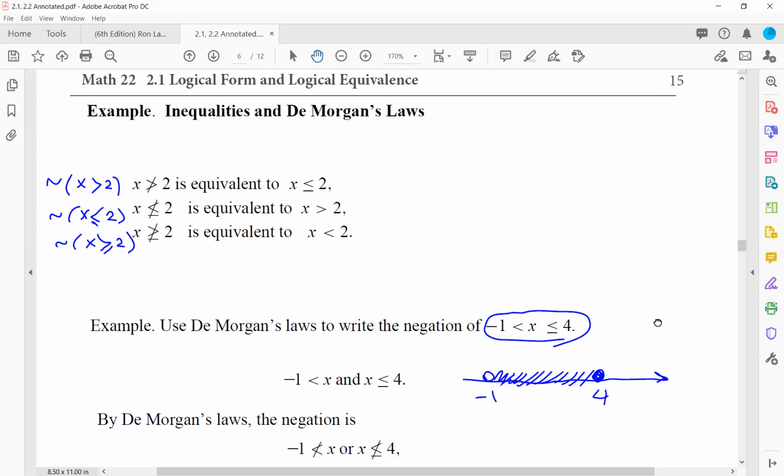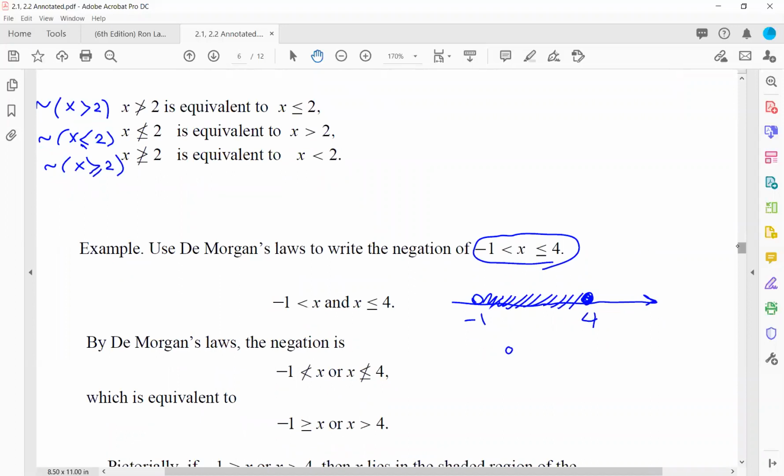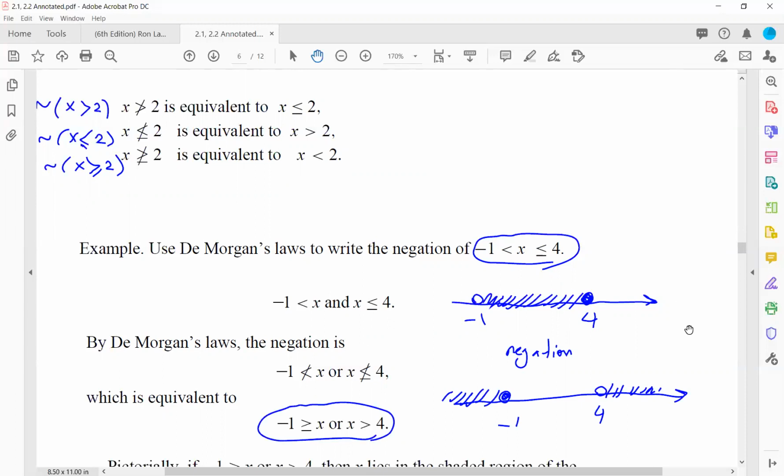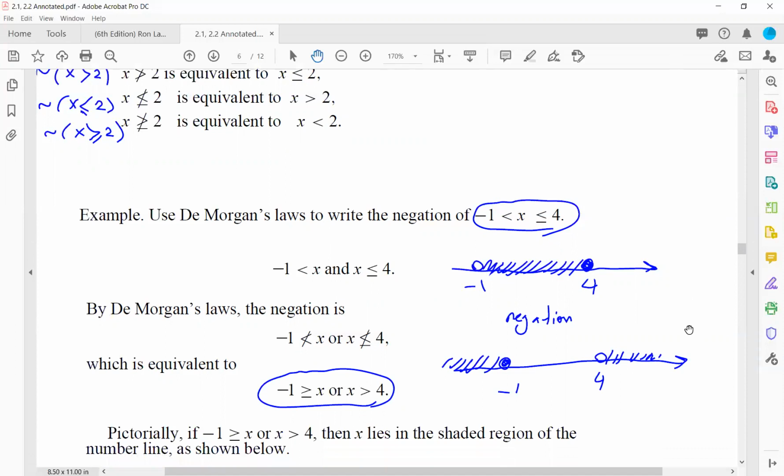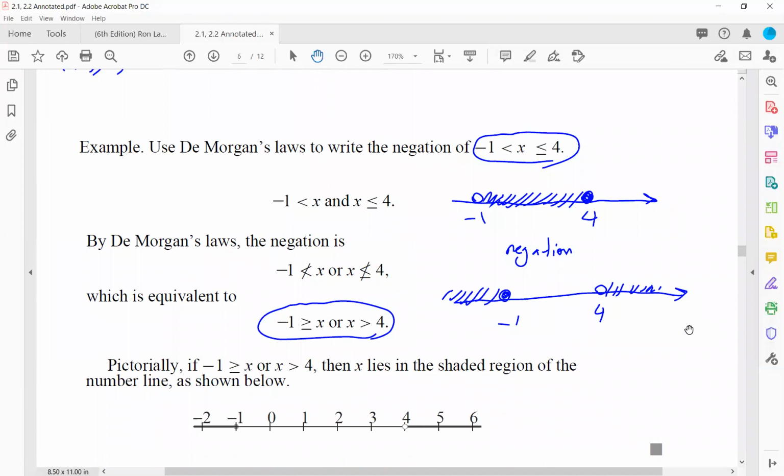The negation, or the opposite, is all numbers on the right-hand side of 4, not included, or on the left-hand side of -1, included. So mathematically, you can write it this way: all numbers x greater than 4, or all numbers less than or equal to -1.